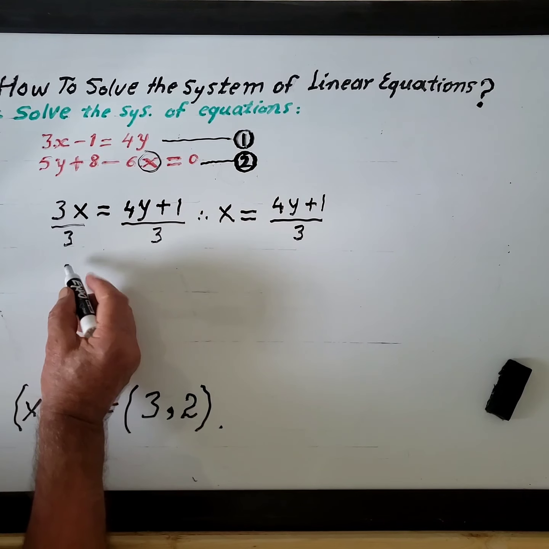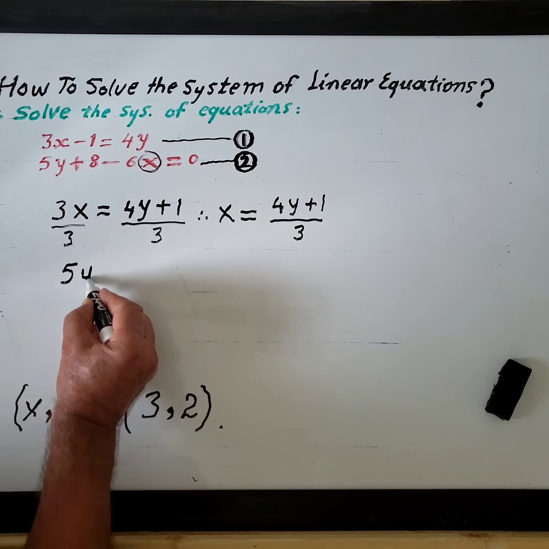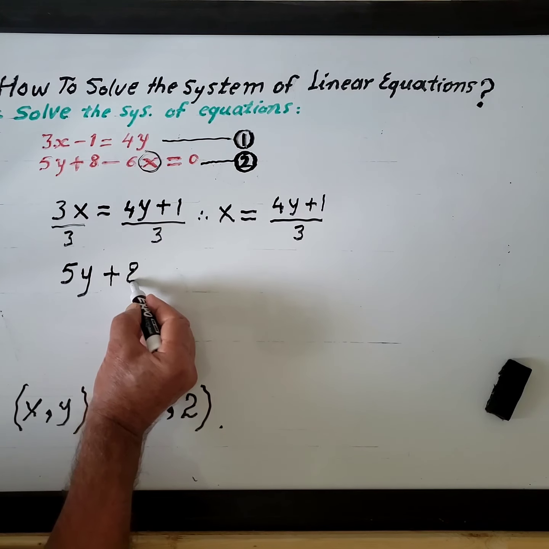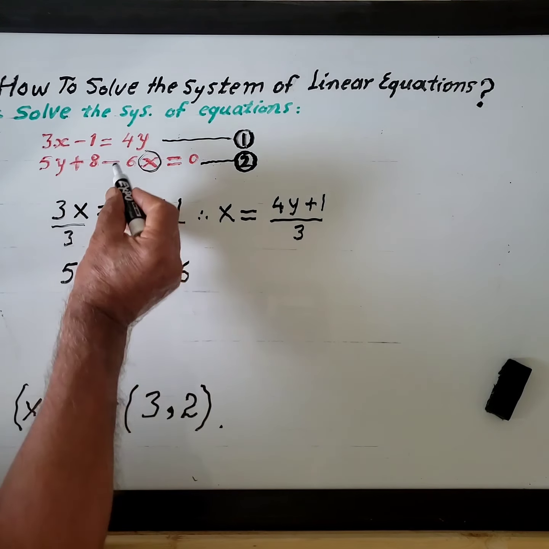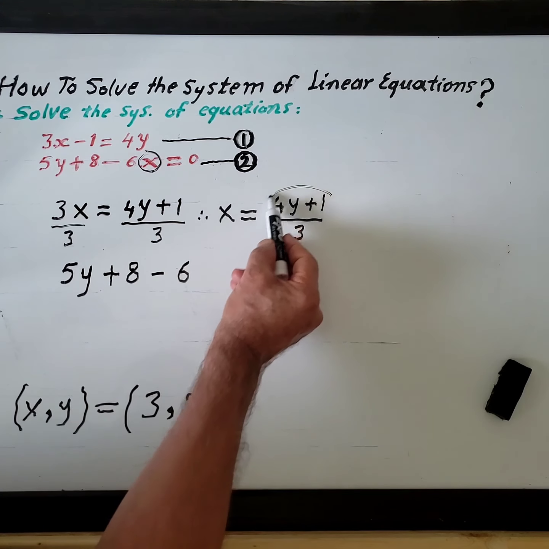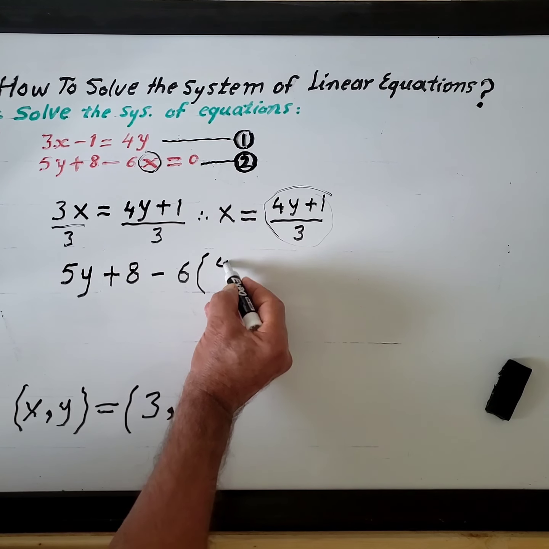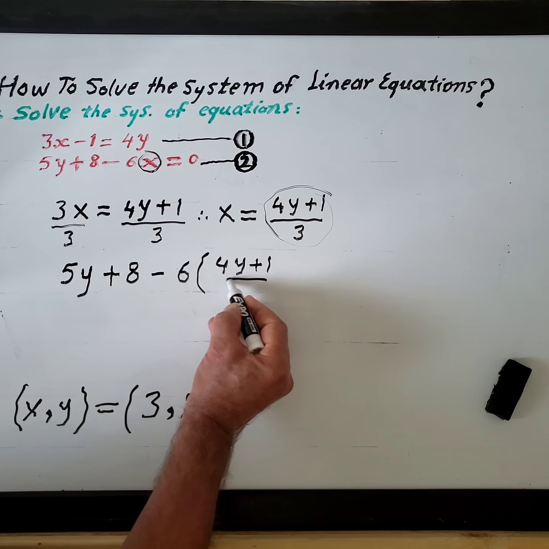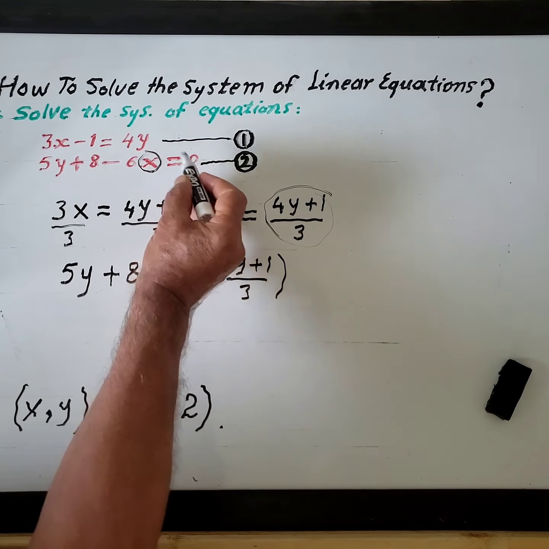So here by substitution you got 5y plus 8 minus 6, the 6, and we replaced x by the value here, which is 4y plus 1 over 3, and is equal to 0.